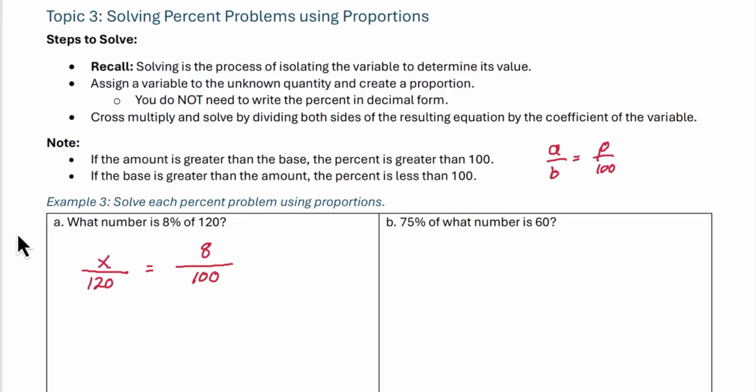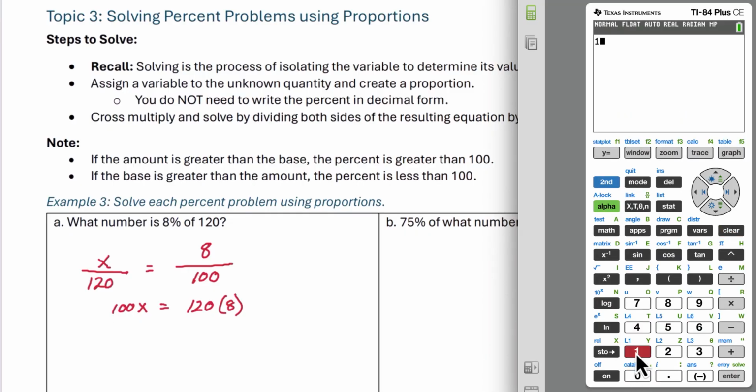Now cross multiply. 100x equals 120 times 8. 120 times 8 is 960.